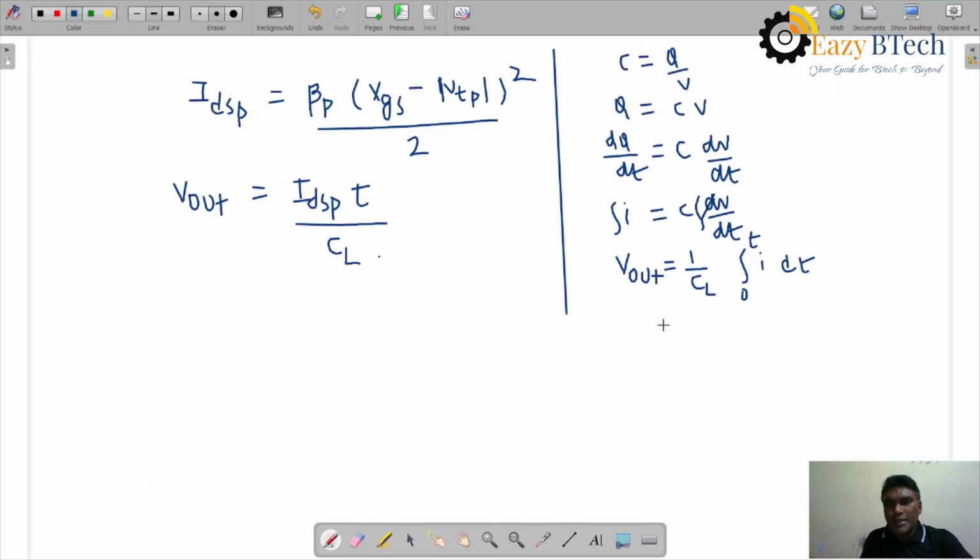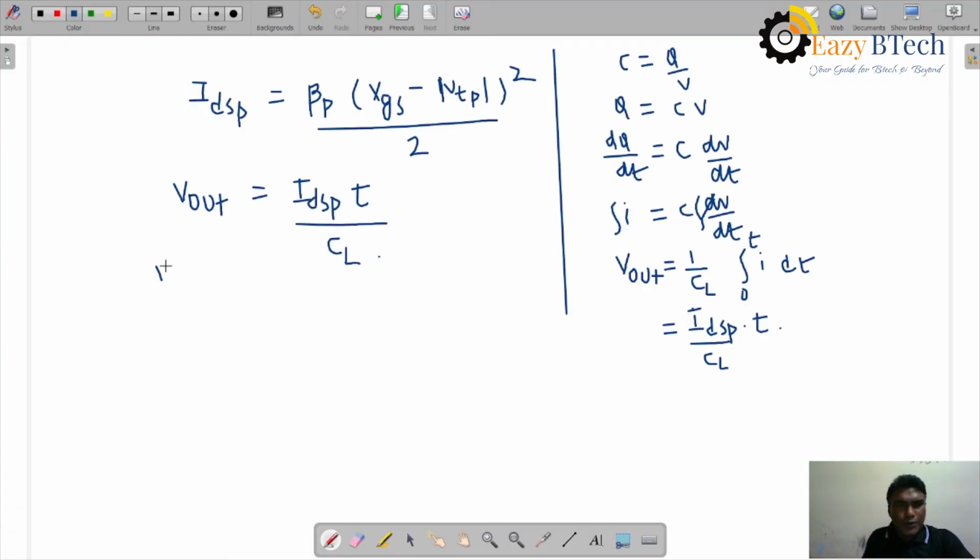I is a constant; I is nothing but the current flowing through the PMOS transistor, so I is IDSP. I can take IDSP by CL out, and the integration of 1 with respect to t is T, the time duration. So we got V out is equal to IDSP into T by CL.